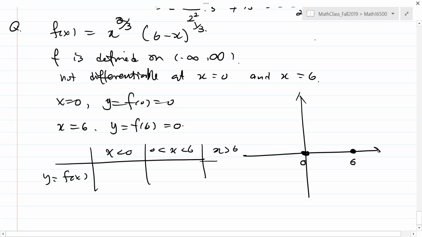You see, x to the 2/3 is going to be x to the 1/3 squared. It's always positive, no matter whether x is negative or positive. Then 6 minus a negative number is positive. When x is between 0 and 6, it's still positive. When x is greater than 6, it's negative.